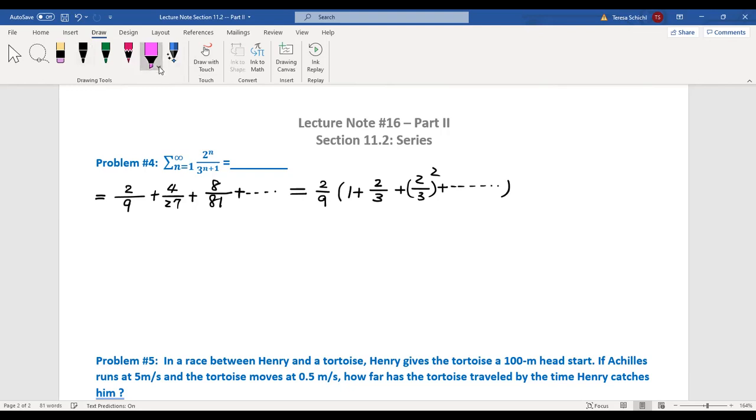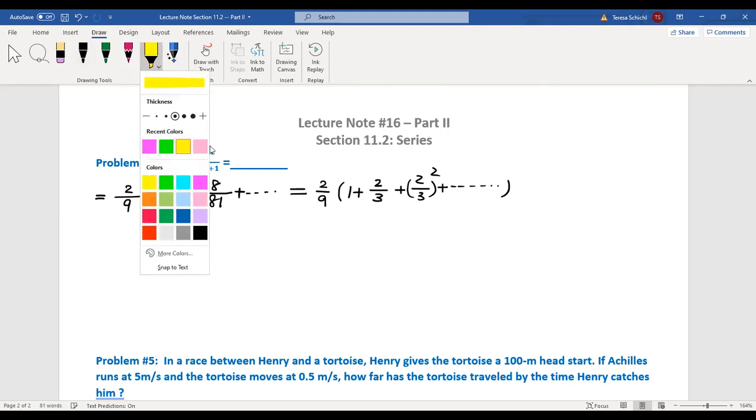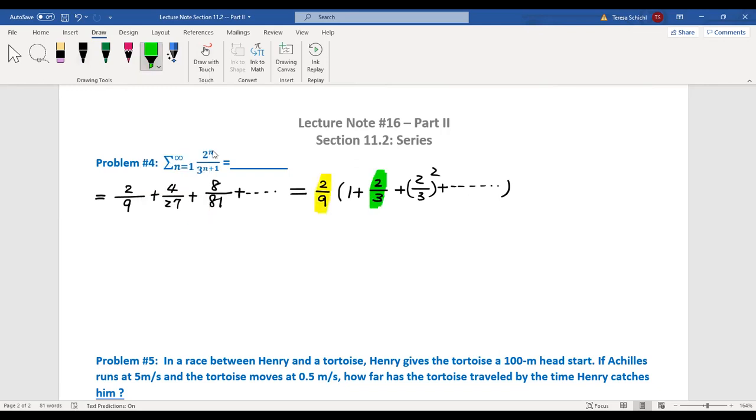So I know this is my A, and this is my R. By the formula, the answer will be A over 1 minus R. A is 2/9, and 1 minus R is 1 minus 2/3, so this is 1/3, right?